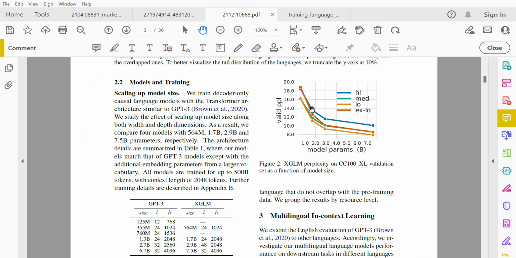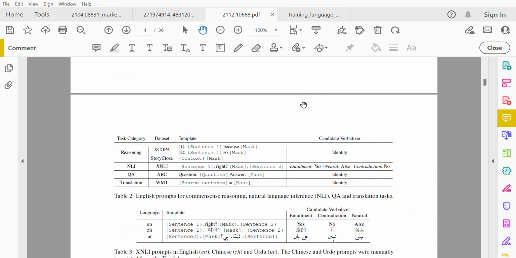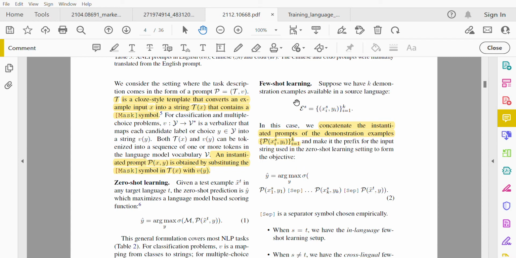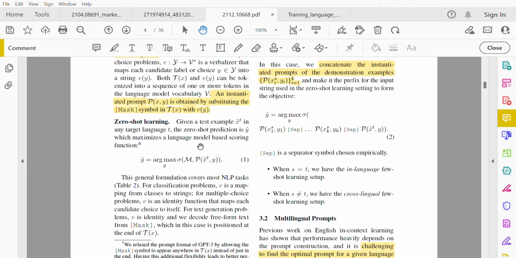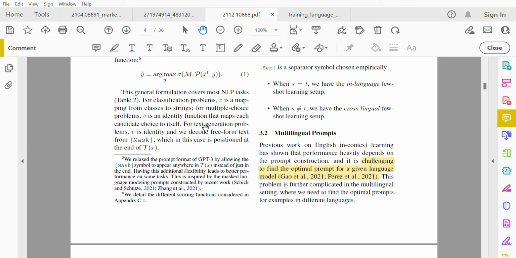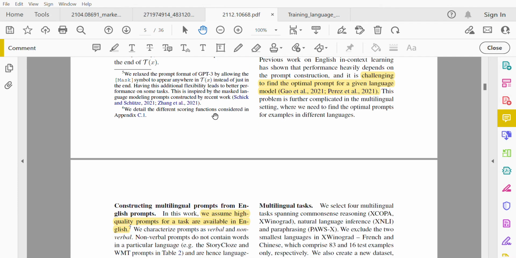So let's get to a little bit of how they are actually doing things. So they're going to look at zero-shot learning and a few-shot learning setup. They have the formal definitions of that here, and they're using a pretty standard language modeling objective. I won't get too much into the notation there. So they do talk a little bit about what they're actually doing here.